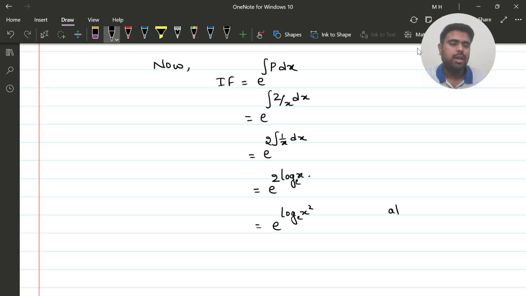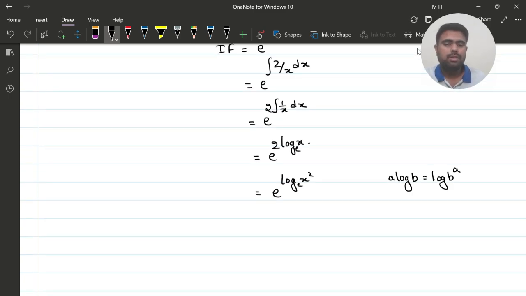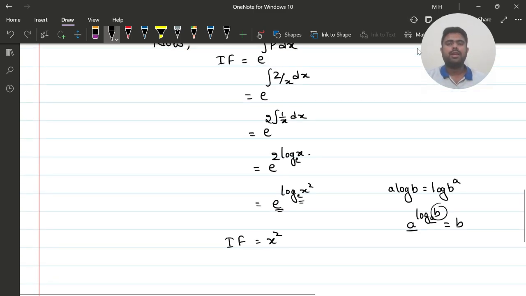Because we have a log b equal to log b raised to a. There is a property, right? And we also have a property that a raised to log b to the base a, if the base a and e are the same, we can just write b. So therefore integrating factor is equal to e raised to log x square to the base e, so therefore integrating factor would be x square.